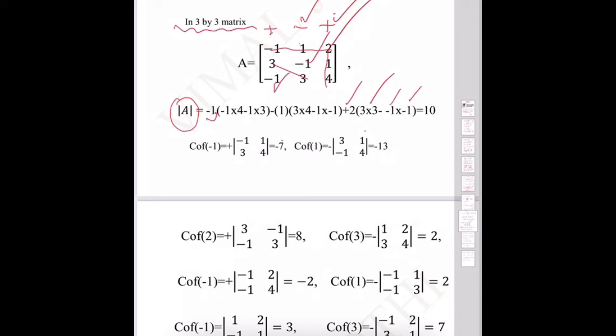Minus 1 into minus 1. That is equal to 10. That is, determinant of A along the first row is equal to 10. Okay. That is determinant of A equal to 10.